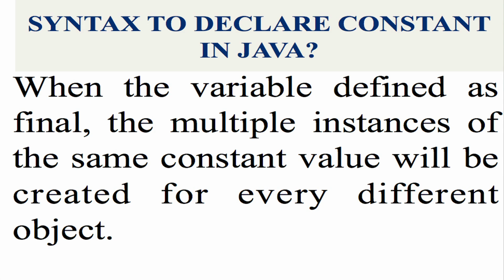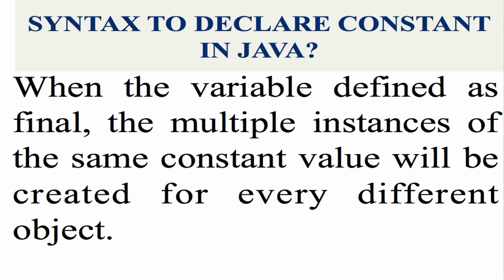So when a variable is defined as final, it cannot be changed for any object. That's why we are mentioning here public static final. You can see in this example static final double PRICE. It is static as well as final, and its data type is double, so it is a constant variable.